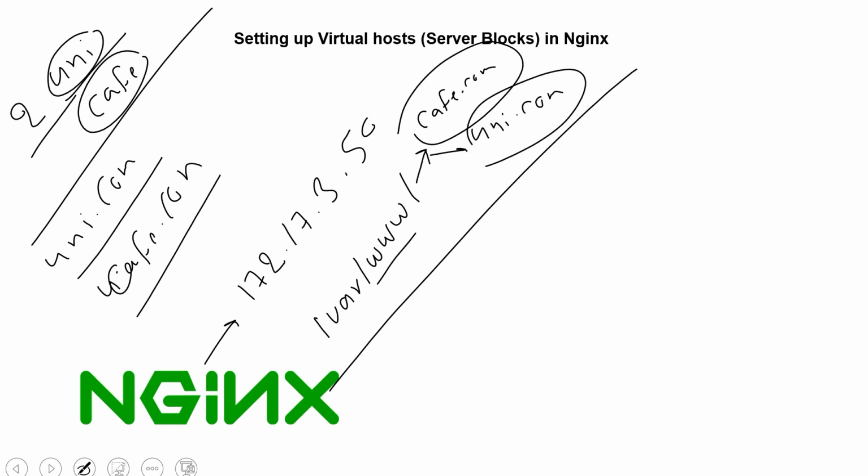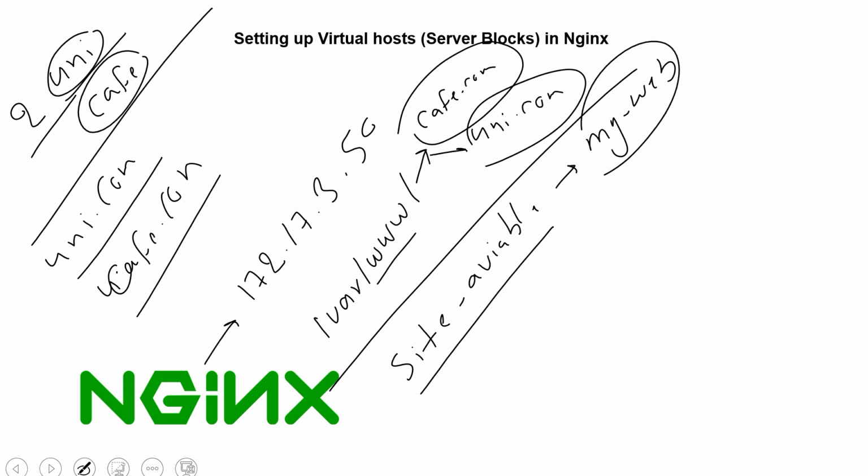Now, we installed NGINX, and we have a folder at /etc/nginx/sites-available. Inside sites-available we will make a configuration file named myweb. You can change it and use another name. In myweb, we make all the configurations for university.com and coffee.com, so that when a person calls university.com the university page comes up, and if a person browses coffee.com, the coffee.com page comes up.